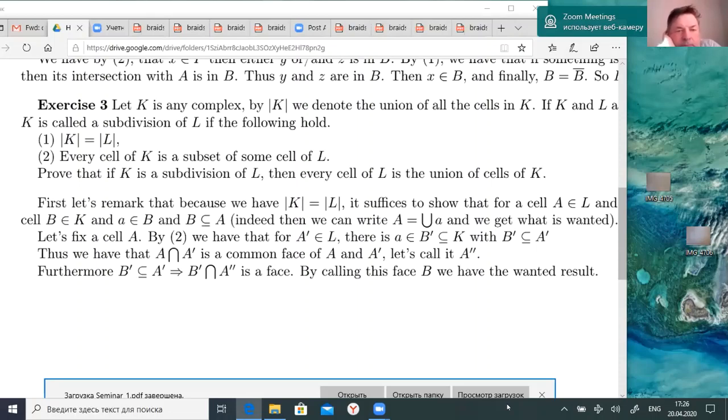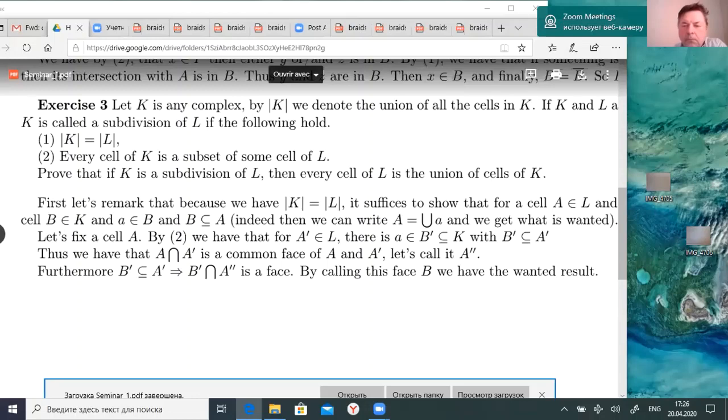So first we fix, we take any cell A of L, and by 2 we already have that for a cell A prime in L we have a cell B prime which is included in A prime, and we can say that A belongs to B prime. Now we are just using the definition.